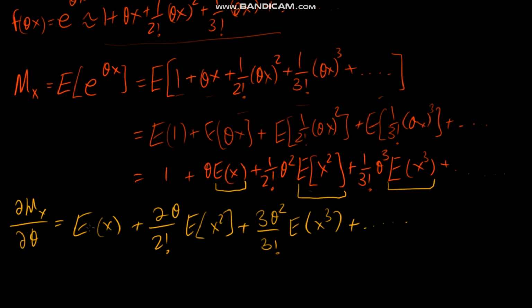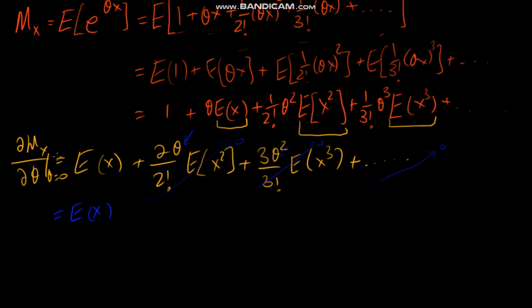Now the important part is, if we evaluate this derivative at theta equals 0, which means putting 0 wherever you see theta, all of these terms will go away, and we are left with the expectation of x, which is the first moment.